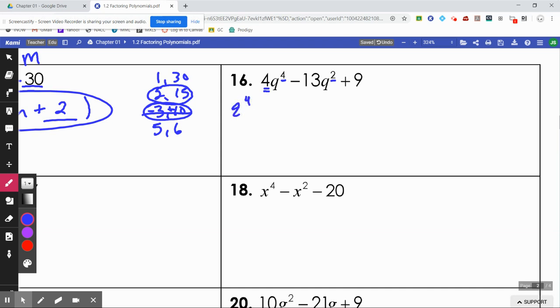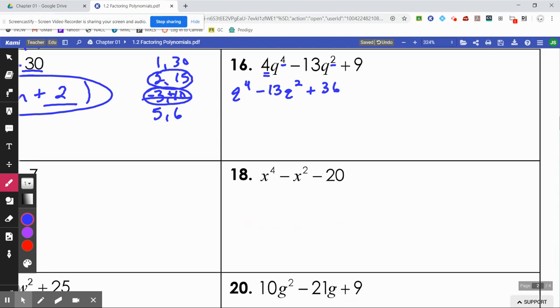We now have q to the fourth minus 13q to the second plus 36. We now factor like normal. 2 sets of parentheses. We have a q squared and a q squared that multiplies to give you q to the fourth. Now what two numbers add to give you this and multiply to give you this? And that would be a negative 9 and a negative 4.